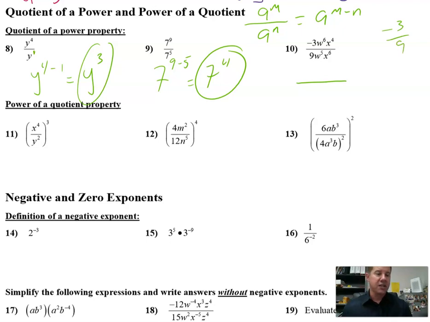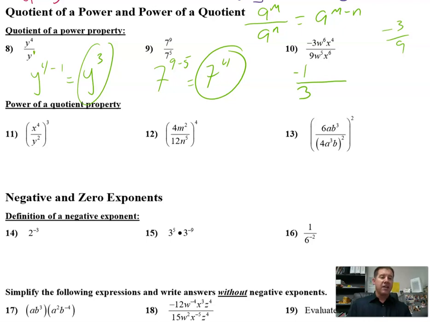Hey, that's just a fraction, and I can reduce that. Negative 3 over 9 reduced is negative 1/3. So I'm just going to reduce the coefficients like normal, just like a regular fraction. I'm not going to subtract those because they're not exponents. This rule we just talked about was an exponent rule, not a coefficient rule. So again, be careful what you're dealing with.